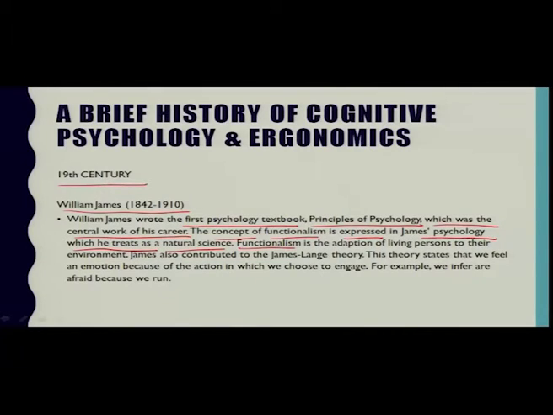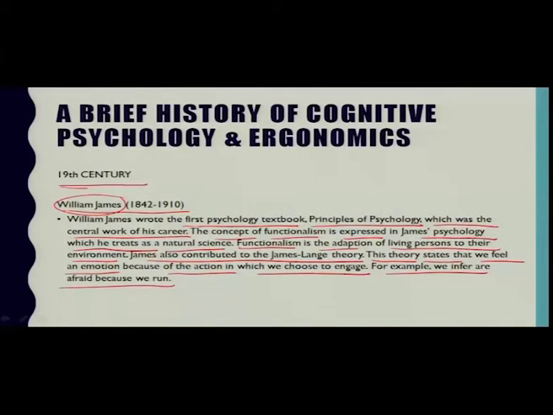Functionalism is the adaptation of living persons to their environment. James also contributed to the James-Lange theory. This theory states that we feel an emotion because of the action in which we choose to engage. For example, we infer we are afraid because we run. So William James contributed in the 19th century to the beginnings of cognitive psychology.